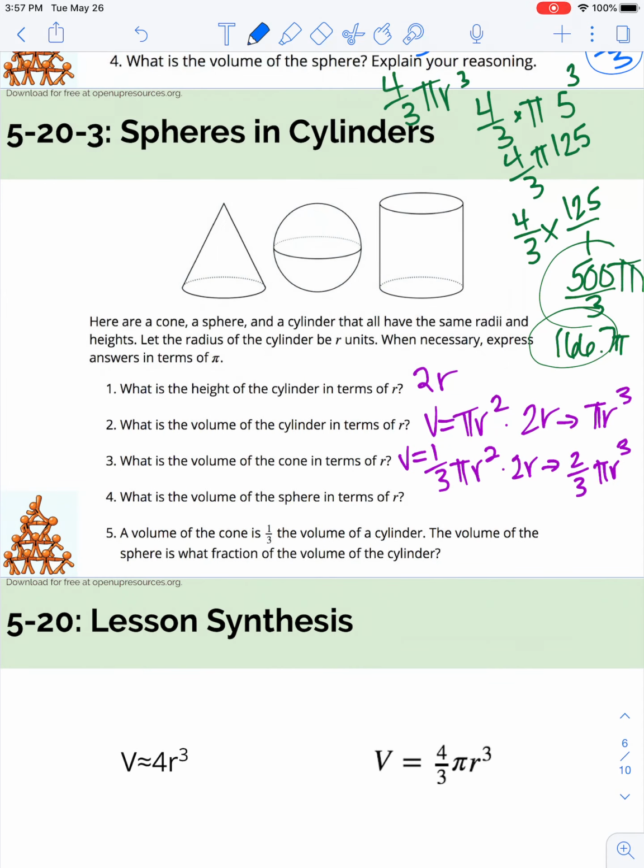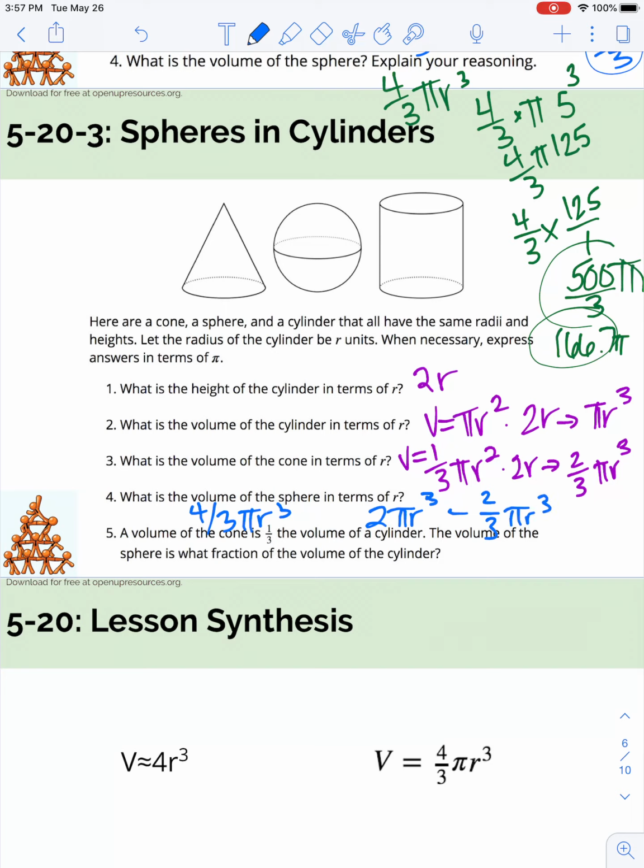Again, there's a big gap here because we skipped some lessons, but the reasoning is that you get 4/3 pi r cubed because we took 2 pi r cubed and subtracted 2/3 pi r cubed from it.